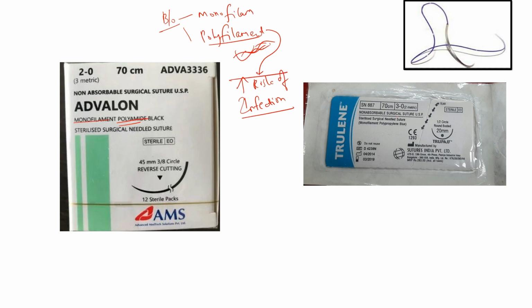Now coming to this one, which we use commonly in hernia surgery, this is your monofilament polypropylene blue color suture material, and it has a characteristic property where once you remove the suture material from the pack, it has a tendency to coil upon its own. That is called memory. This is the characteristic feature of Prolene.